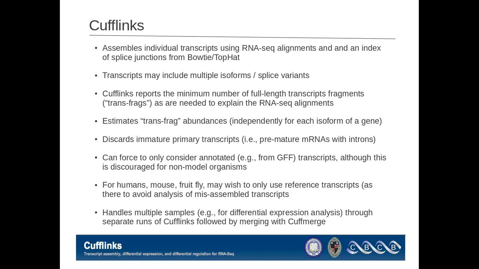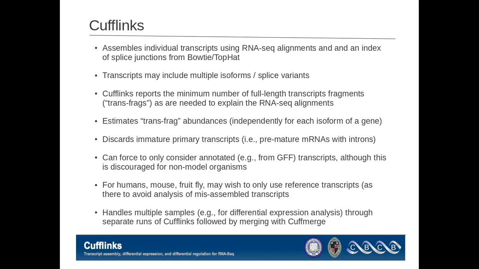Remember, the introns are almost immediately spliced out, but because it's not instantaneous after transcription, when we sequence very deeply, we start to pick up these primary transcripts, the transcripts that have yet to be processed. Cufflinks uses the counts to detect the very low abundance ones and uses a method, that we won't go into any more detail, to remove those transcripts that appear to have introns.